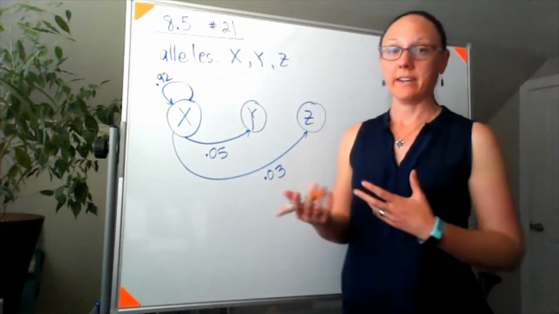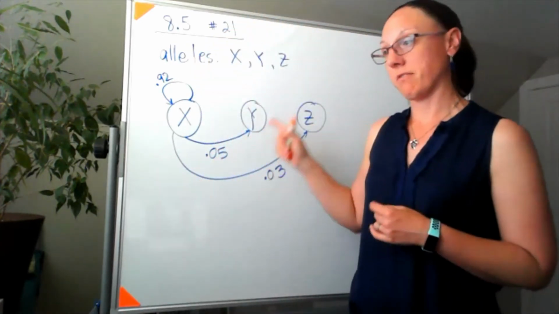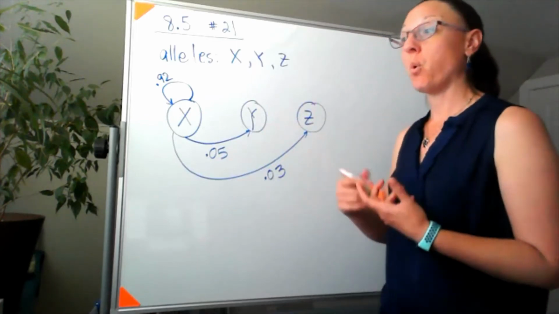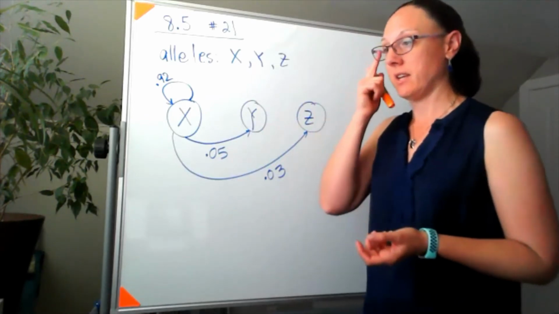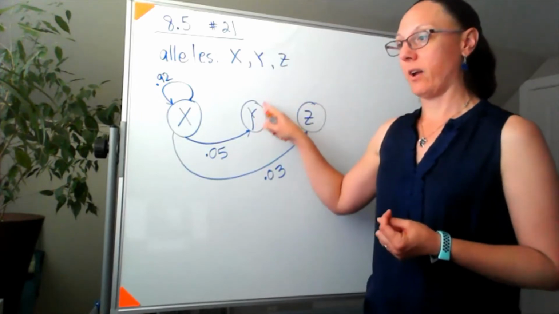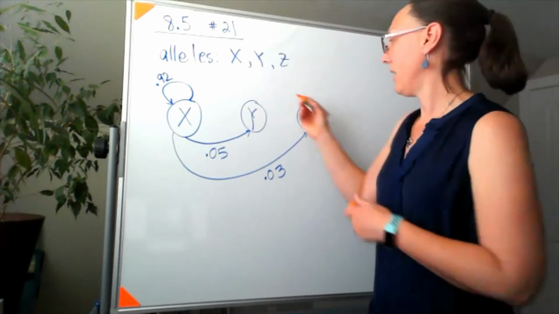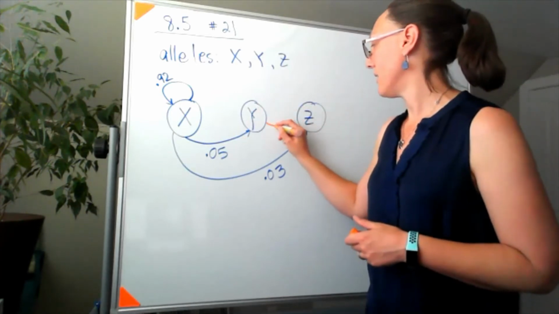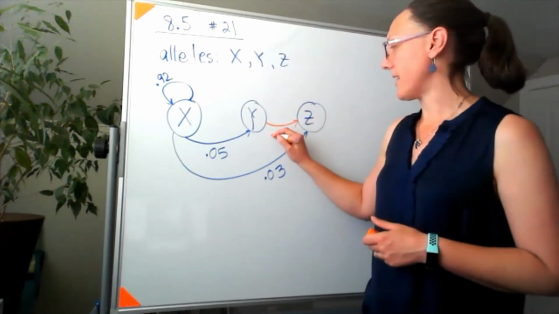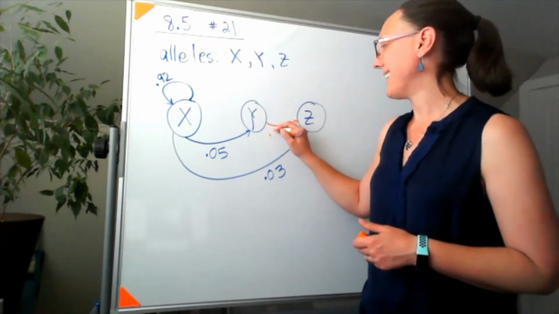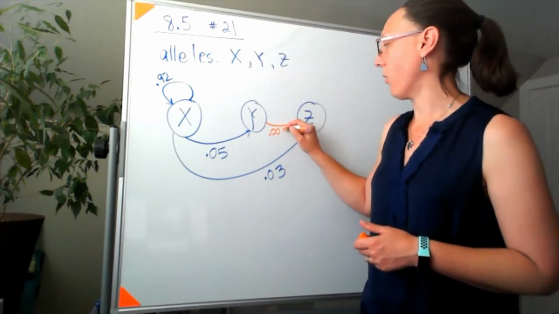Next, in terms of the random mutations from Y, we are told that 0.1% of individuals carrying Y will randomly mutate to carry Z. And so from Y into Z, that was a 0.1%, or 0.001.